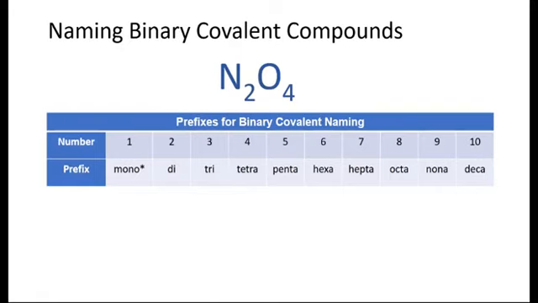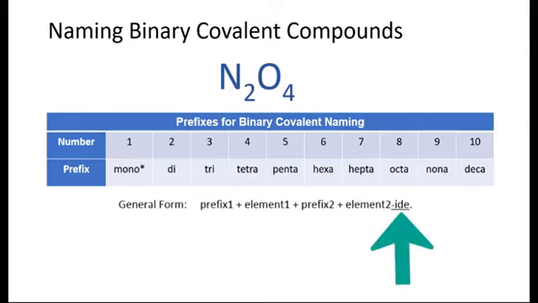To put together our name, our very first element will get the prefix indicated by the number of atoms. The second element will also have a prefix before it, but the second element will also get an ending. And this ending, much like what we saw in ionic compounds, is the "ide" ending, I-D-E.